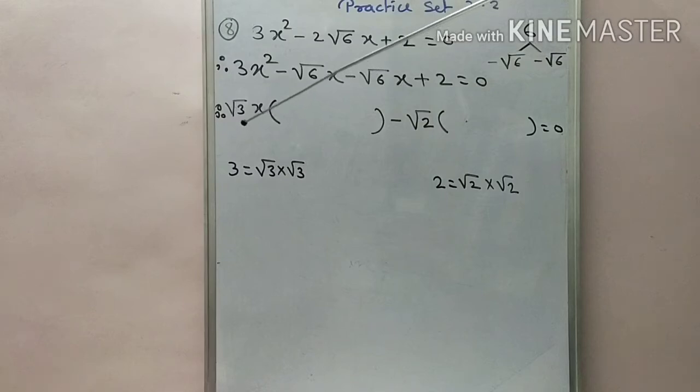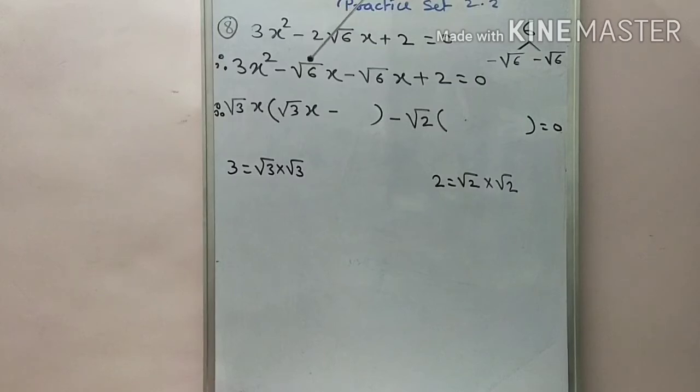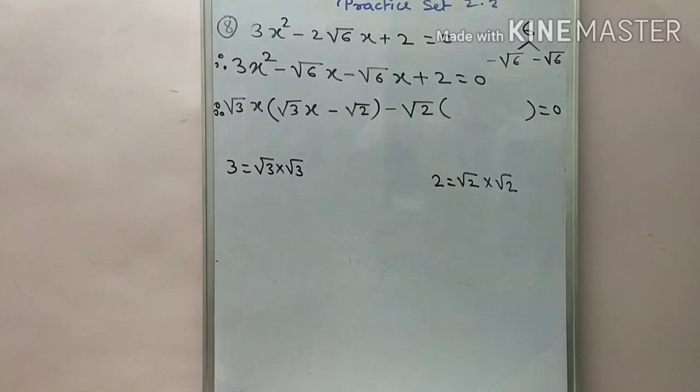So taking root 3x as common to get 3x square, the remaining term we write over here. Root 3 into what? Root 3 is 3, so in the bracket we write root 3x. And from this root 6 we take root 3 as common, so the remaining term is what? Root 2. Getting this? Then minus sign as it is.